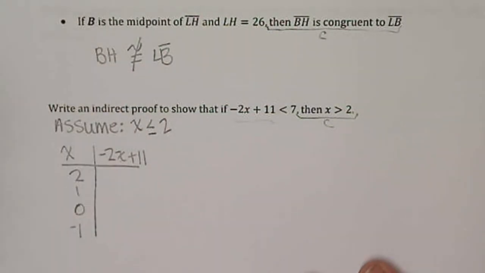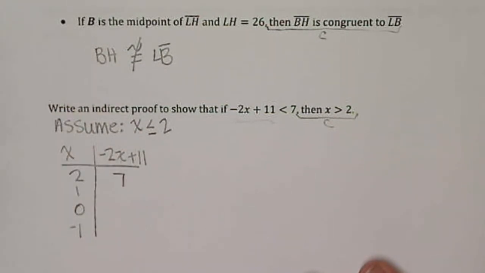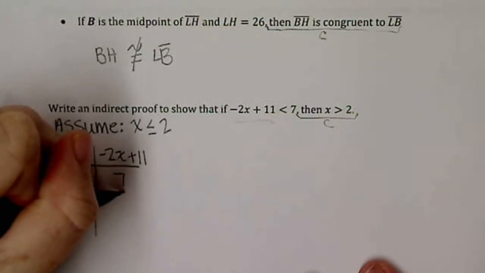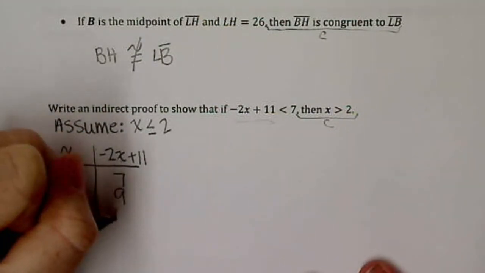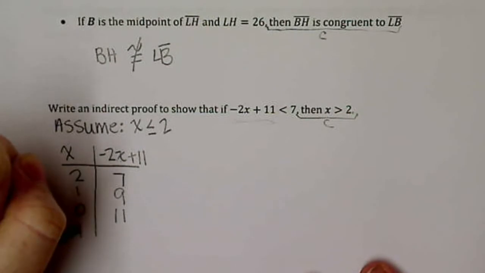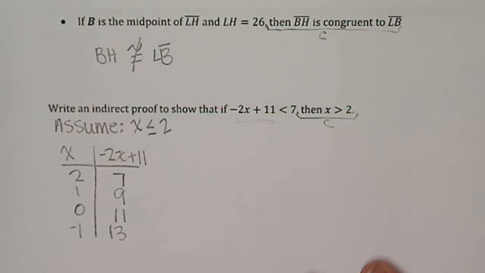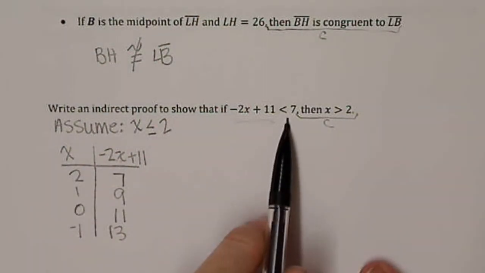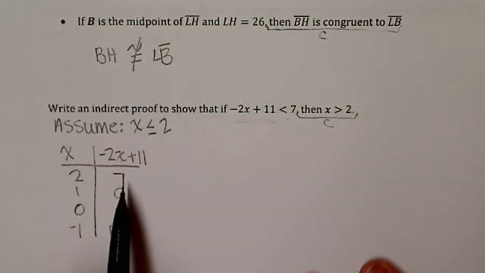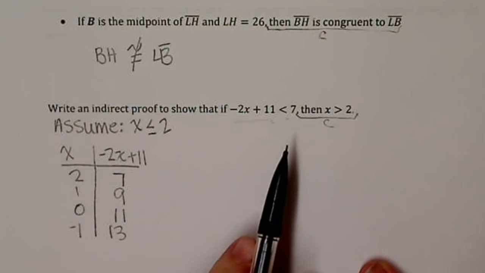Plug in 2 for x, and you get 7. Plug in 1, you get 9. Plug in 0, 11. Plug in -1, 13. Are these less than 7? No. This is equal to 7, but there's no line, so sorry, not less than.